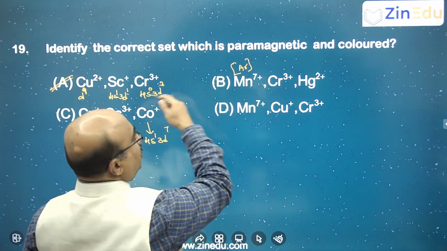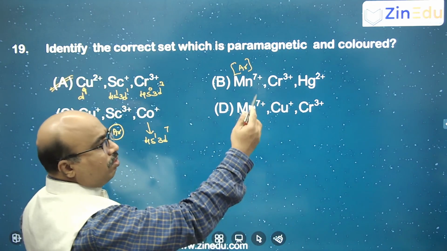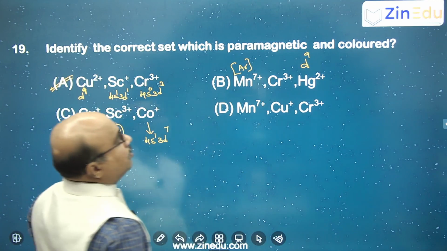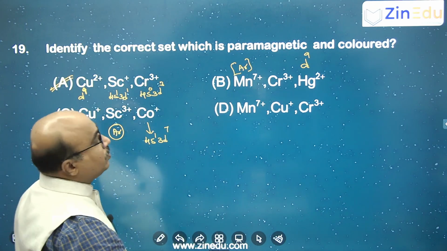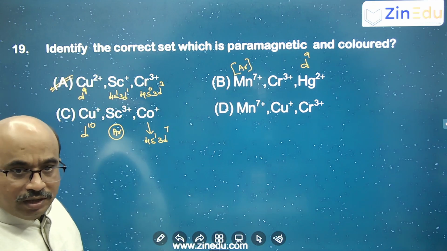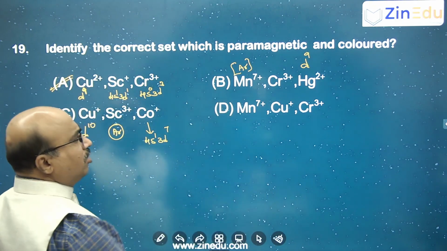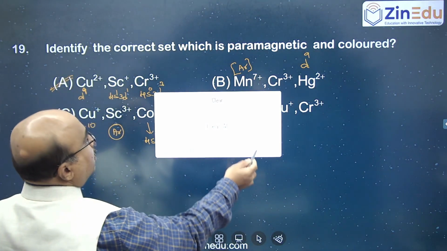Chromium plus 3 is already there, but Hg2 plus, copper, silver, that complex will have a d9 configuration again. Clear? But manganese does not have unpaired electrons here, so it's not paramagnetic. Manganese plus 7 is colored maybe, but not paramagnetic.